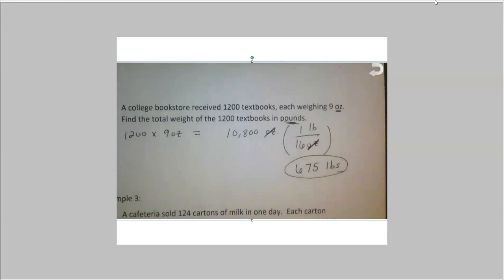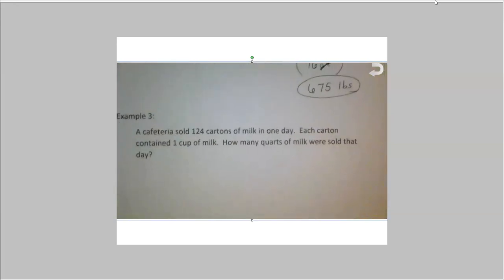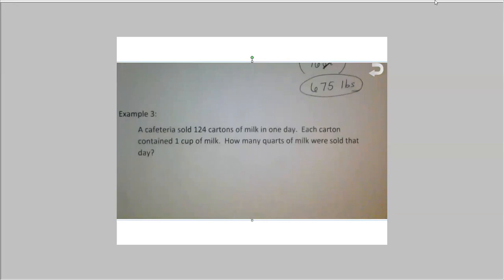I've got 2 final questions we're going to do tonight. Cafeteria sold 124 cartons of milk in a day. Each carton contained 1 cup of milk. So how many quarts of milk were sold that day? So 1 carton is 1 cup. If I have 124 cartons, then I have 124 cups of milk. I need to convert cups to quarts, okay?